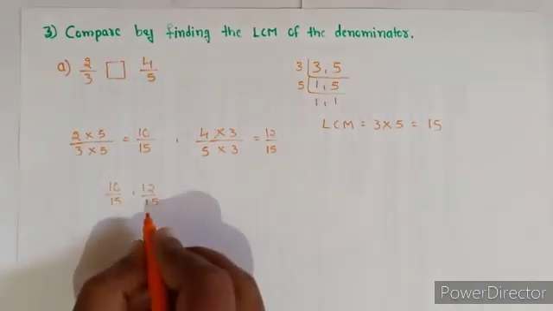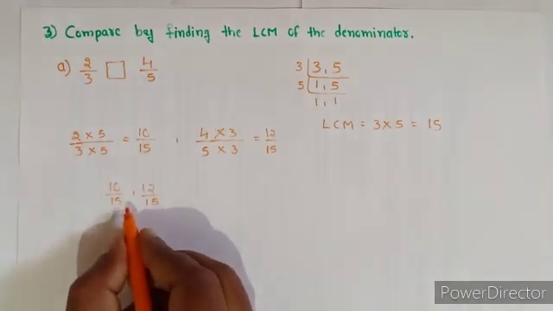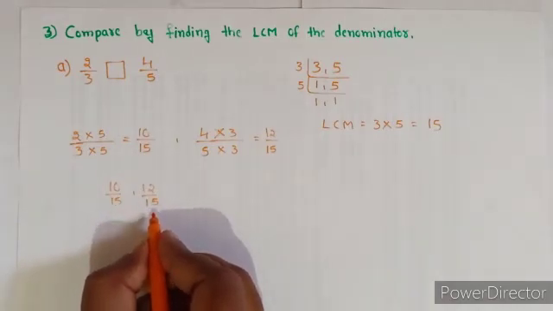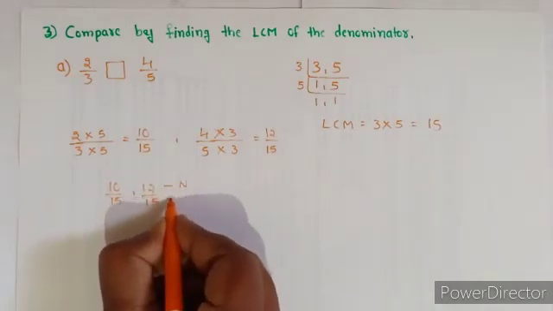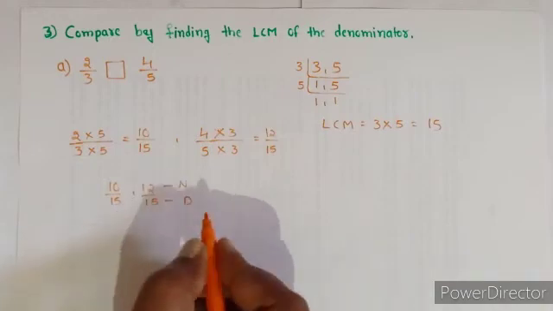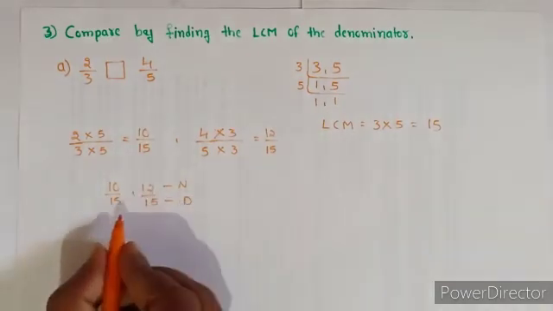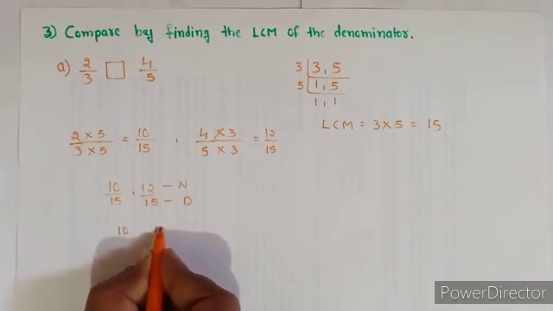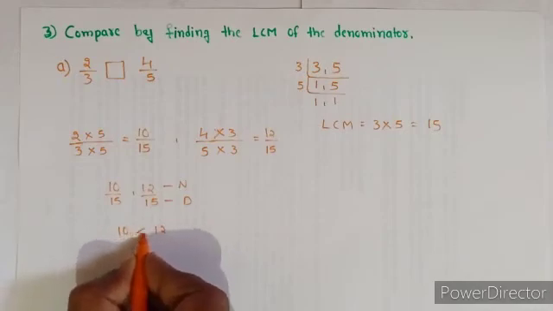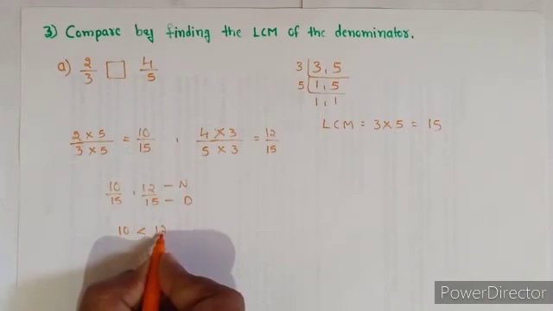Here the denominators are the same now. Now it becomes like fractions, right? Now we need to compare the numerators. This is the numerator, this is the denominator. Here the numerators are 10 and 12, right? 10 is smaller, 12 is greater. 10 is smaller compared to 12.